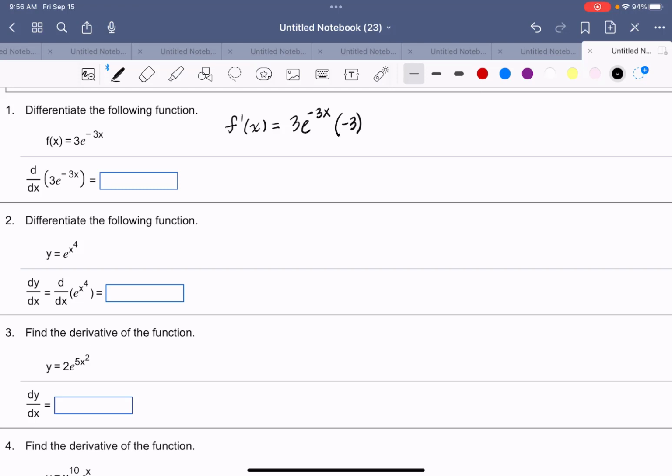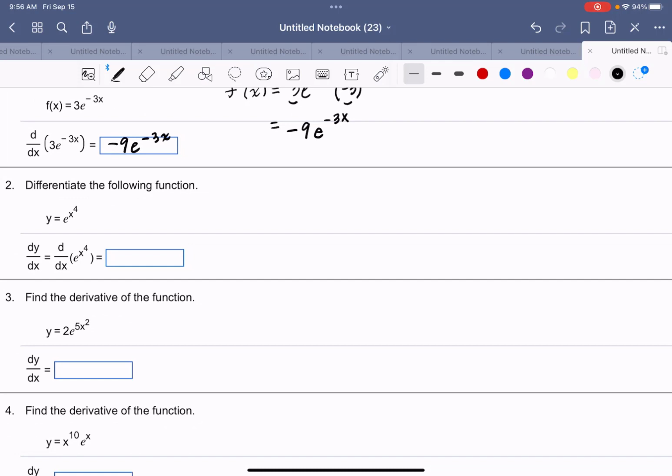So it's 3e to the negative 3x times negative 3. So I'll bring these monomial factors together. Negative 9 e to the negative 3x is our final answer. Don't forget the chain rule.